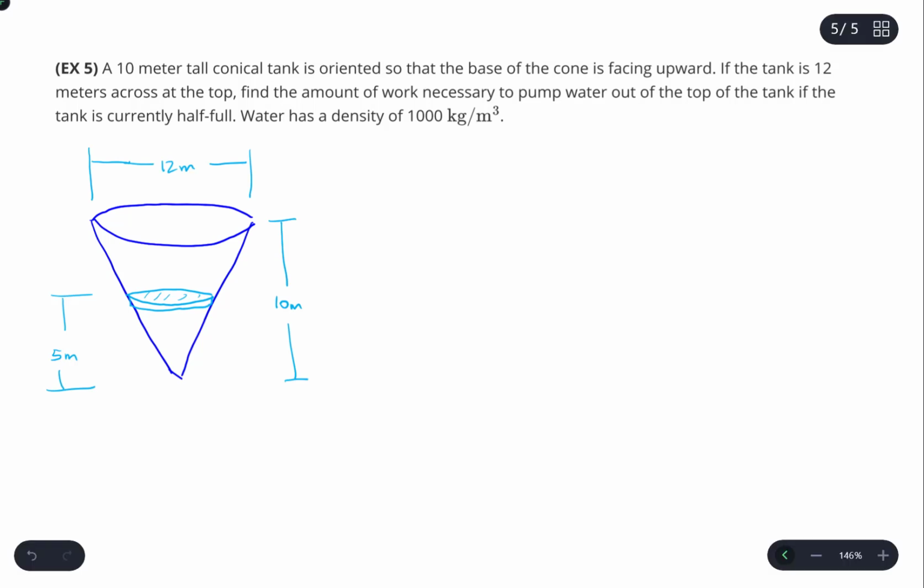So to do this, I need a few pieces of information. The work here, as I mentioned, is going to be the integral from the lower level of the water, or whatever fluid it is, to the upper level.